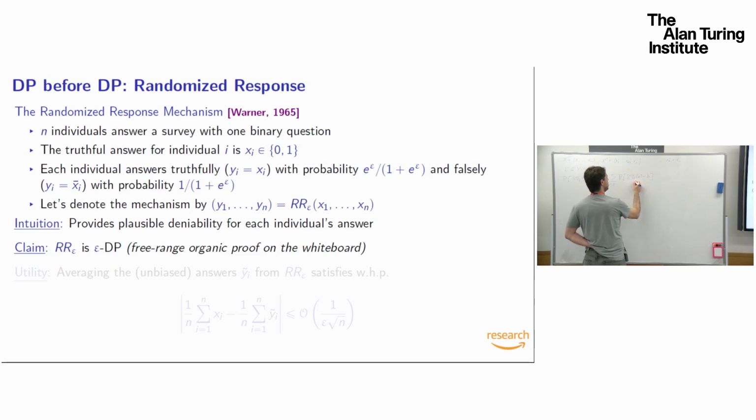Now y1 up to yn are the responses, and b1 up to bn are a bunch of bits. Because the responses are independent, this is a sum over b, and I can look at each response individually. So this is the probability that yi equals bi.